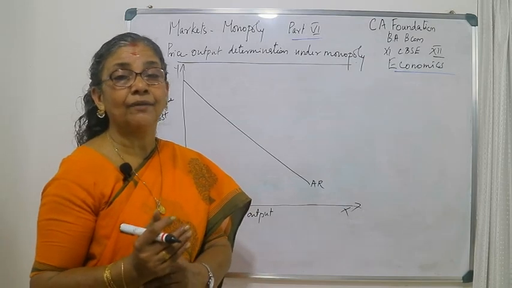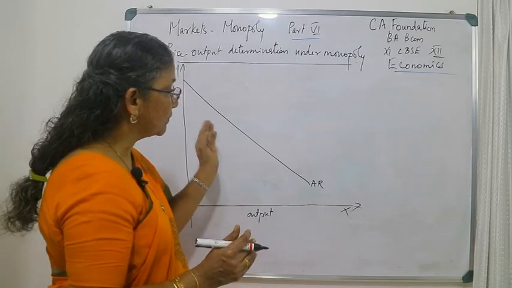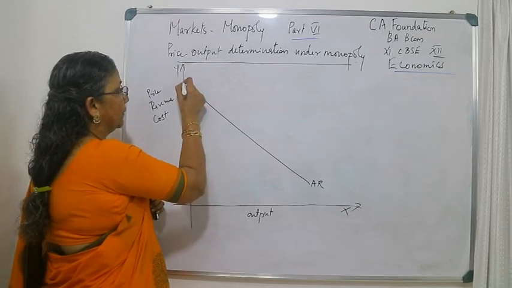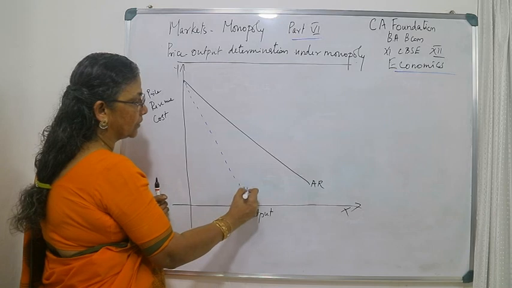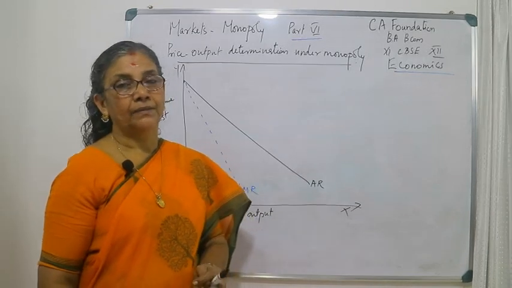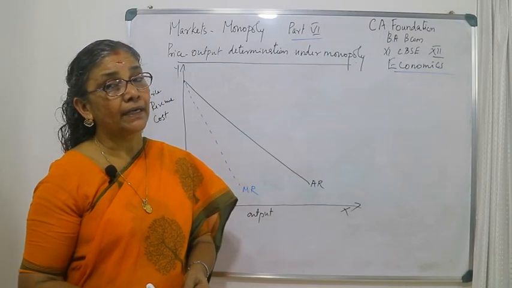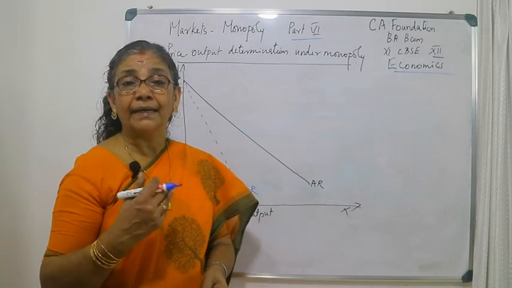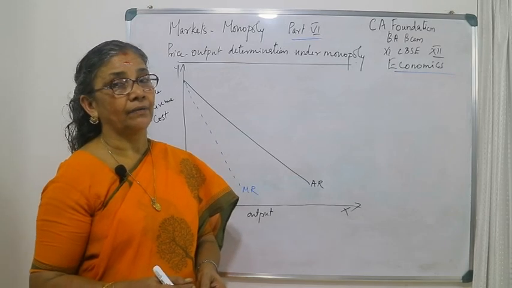That means he can control either the supply or the price of the product, not both. For the same reason, the marginal revenue curve also slopes downwards from left to right, because additional units are sold at a lesser price.